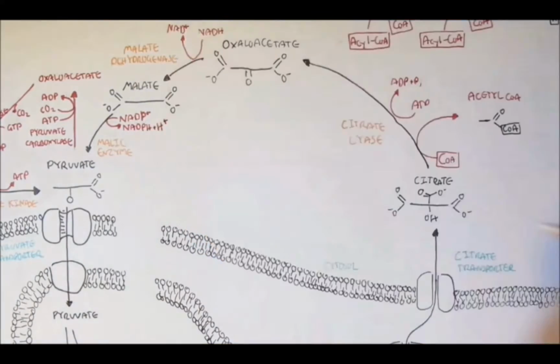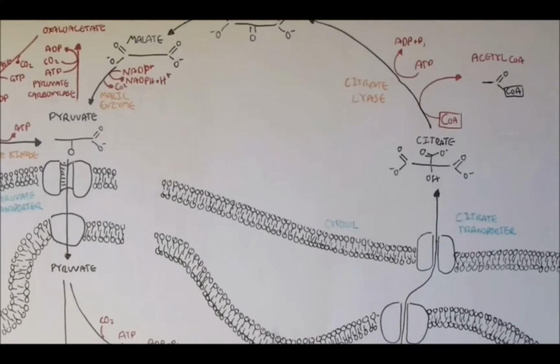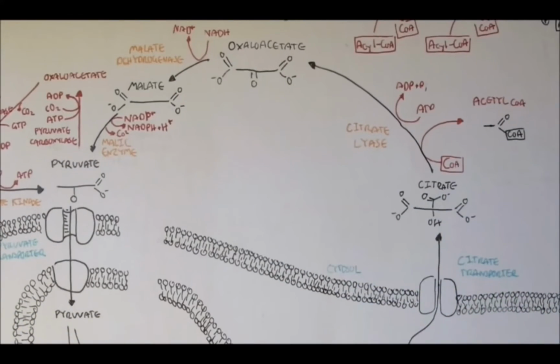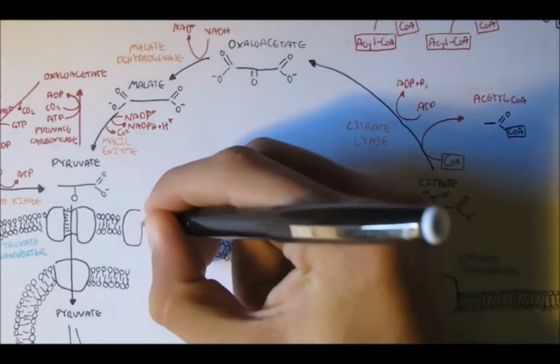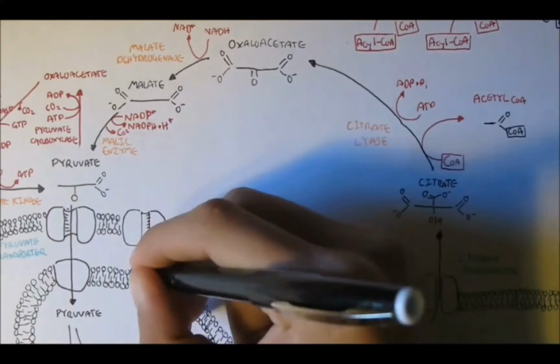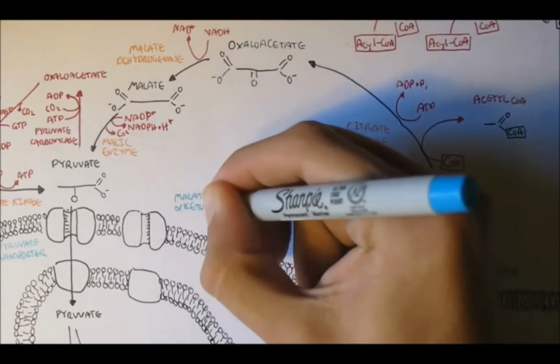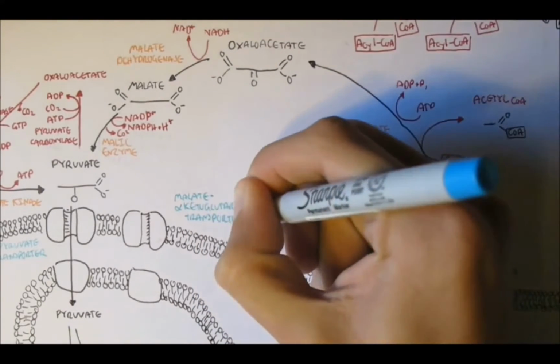Now, however, malate itself can enter the mitochondria. So malate, alternatively, instead of converting to pyruvate, can enter the mitochondria through the malate and alpha-ketoglutarate transporter.